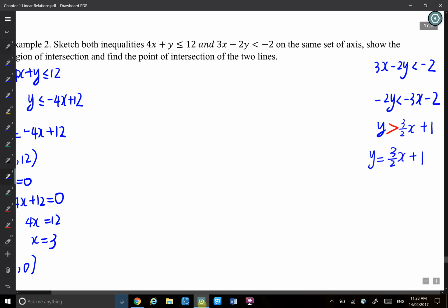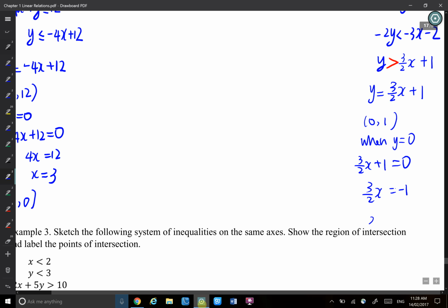We will have 0, 1 as one point. And the x-intercept will be when y equals to 0, 3 over 2 x plus 1 equals to 0, 3 over 2 x equals to -1, times 2 over 3 on both sides, I'll have -2 over 3. So the x is -2 over 3, 0.